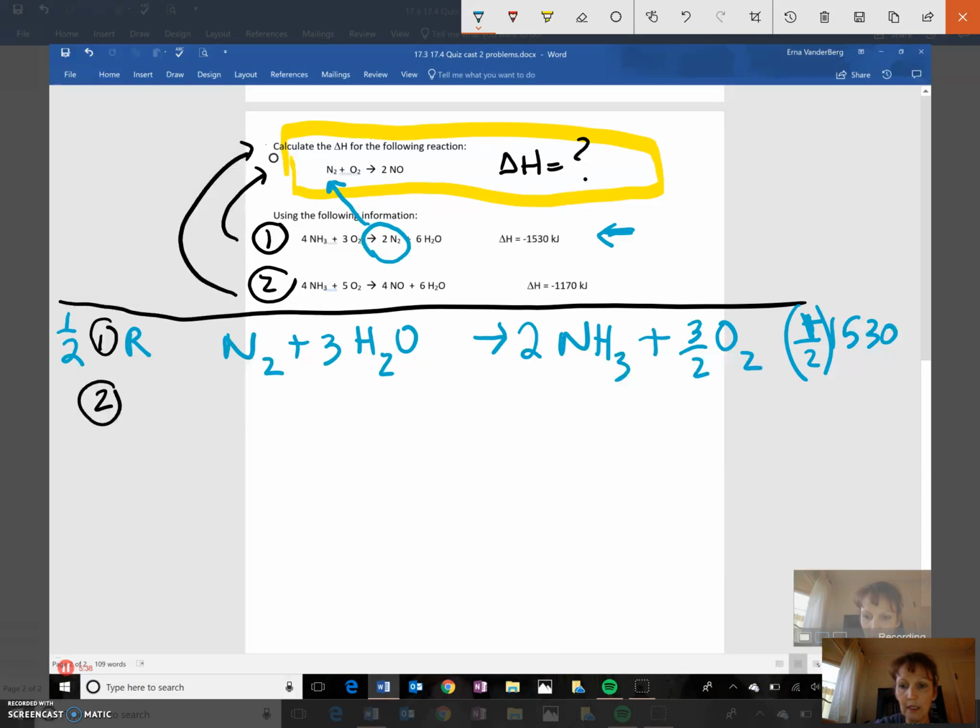It's half of 1530, which is 765. I hope that's right. You can write me if it's not. So positive 765 is the enthalpy of this reversed and halved reaction.